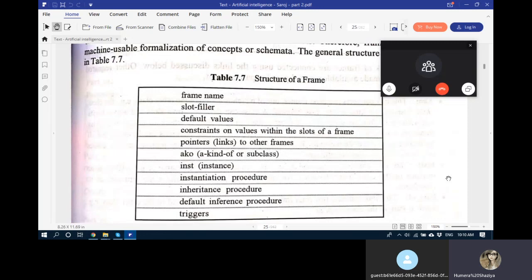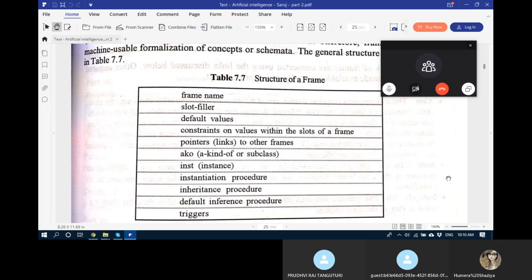You will have a frame name followed by slot filler. This slot filler is like an attribute. The name of an attribute in this context is a slot. Essentially, slot and attributes are the same.